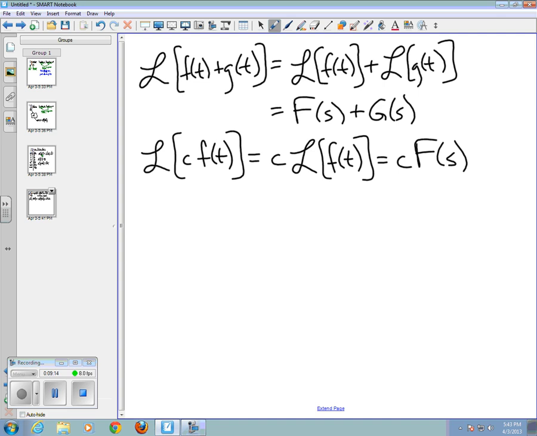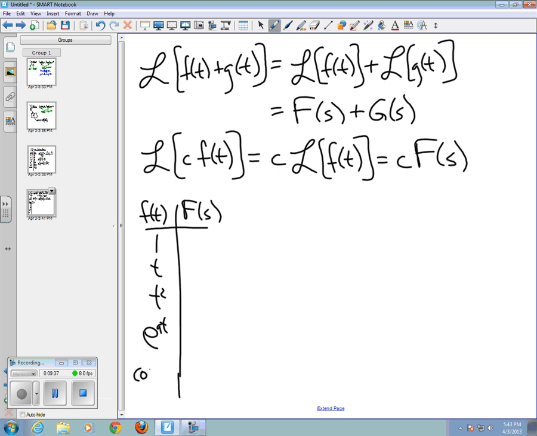So let's bring our table back in and see how we can use this linearity property. So again, we've got f of t and F of s. I'm going to put most of them back in. So we have 1, t squared, e to the at, and let's put in cosine of at.